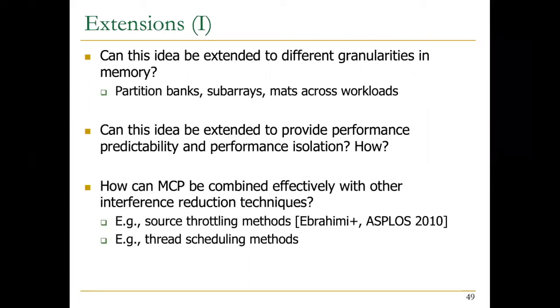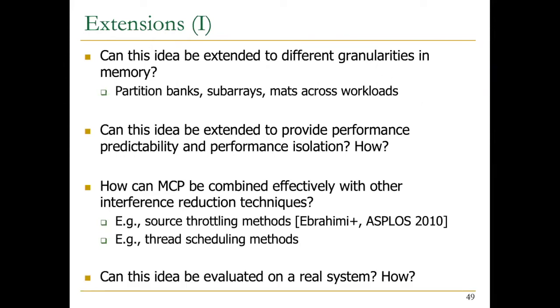And based on that information, you don't only allocate memory pages from different channels, but also you decide which applications are scheduled together on the cores, right? And this is probably a good idea to look into. There are some papers that look into this. I'm not very comprehensive over here, but they're referenced in the paper that I presented. So MCP clearly can be combined with these scheduling methods also to achieve better interference reduction.